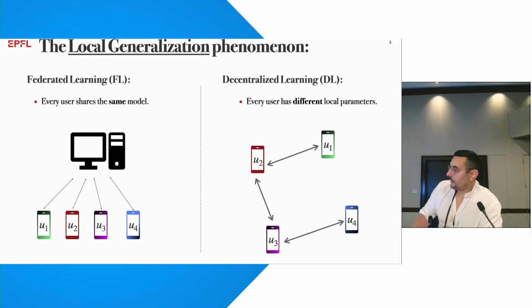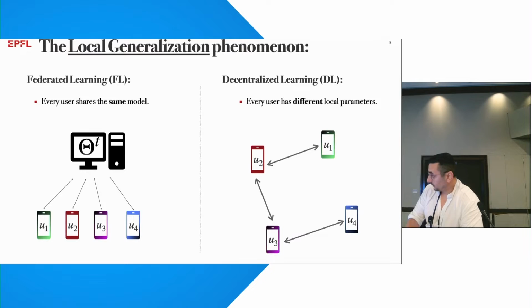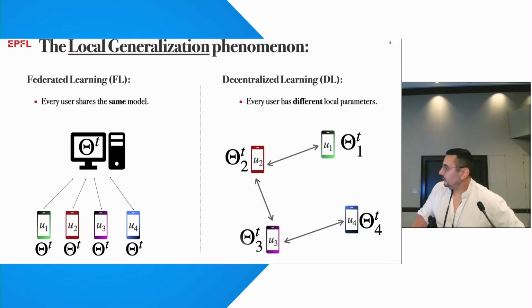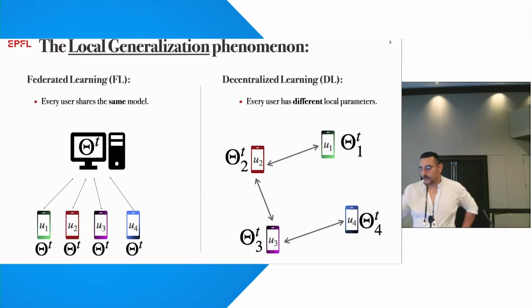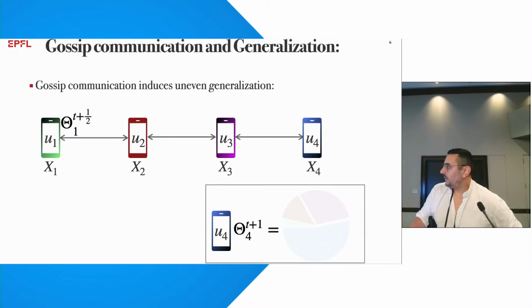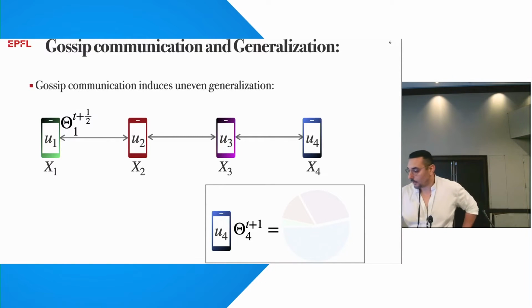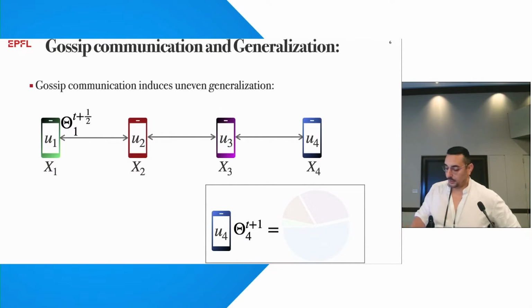So starting from local generalization, the first thing we have to understand here is that in FL, every user shares the same model, a single global model, at every given time step. Instead, in DL, every user has a different local model. And the problem here is how those local models generalize during the training.